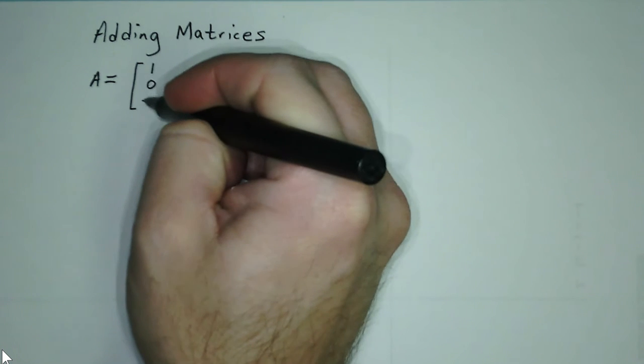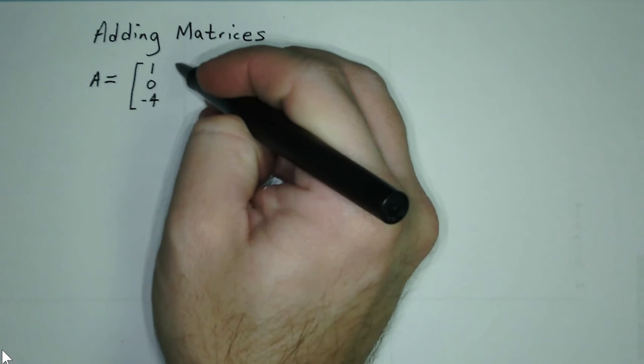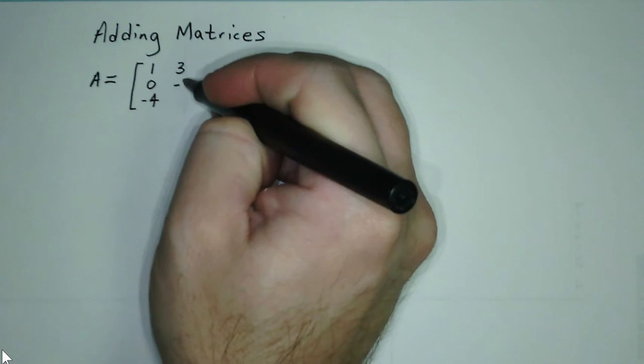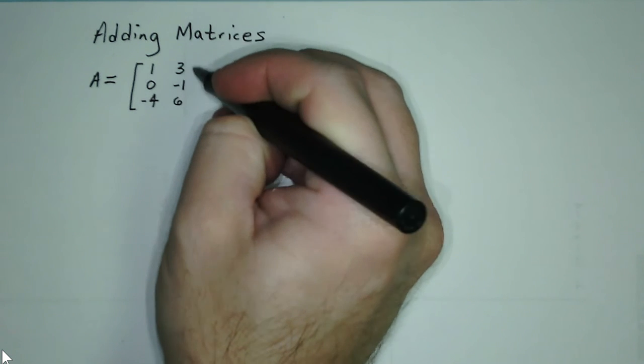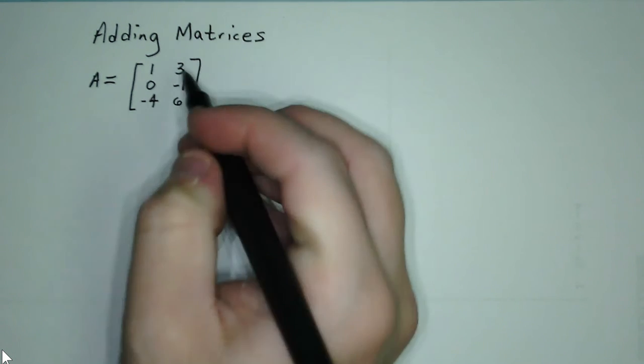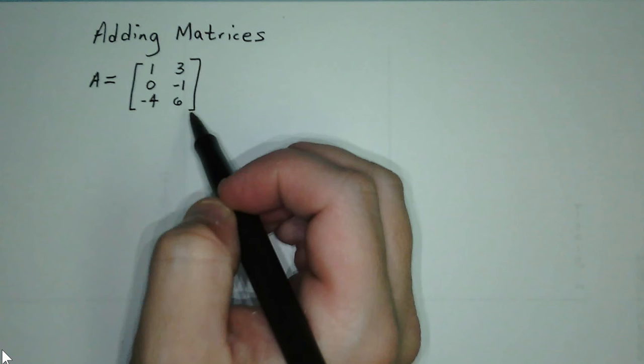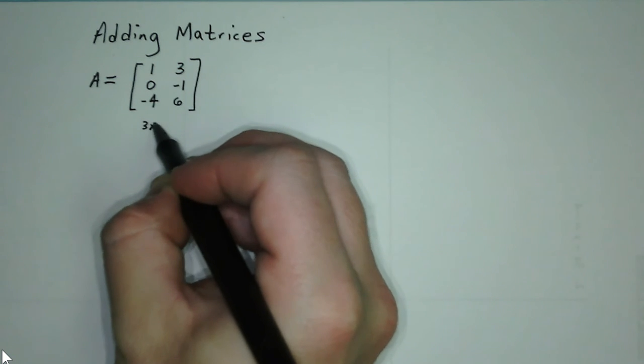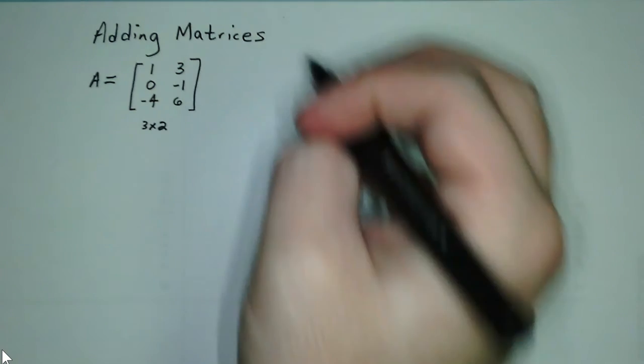1, 0, -4, and then maybe a 3 and a -1, and then maybe a 6. So what would be the order of this? That's a 3 by 2, because there are 3 rows and 2 columns.